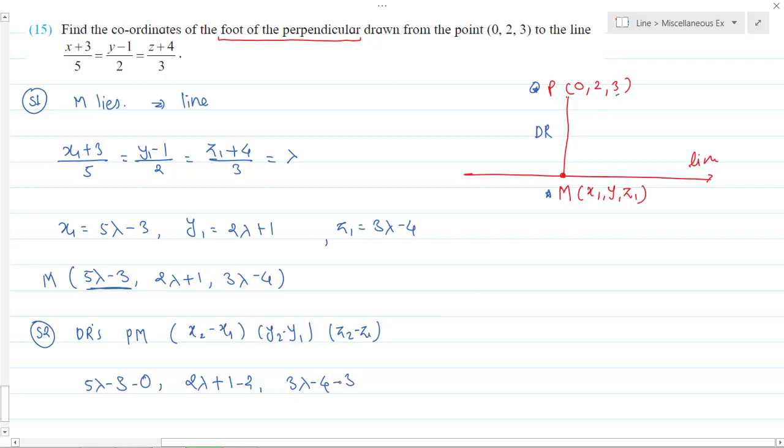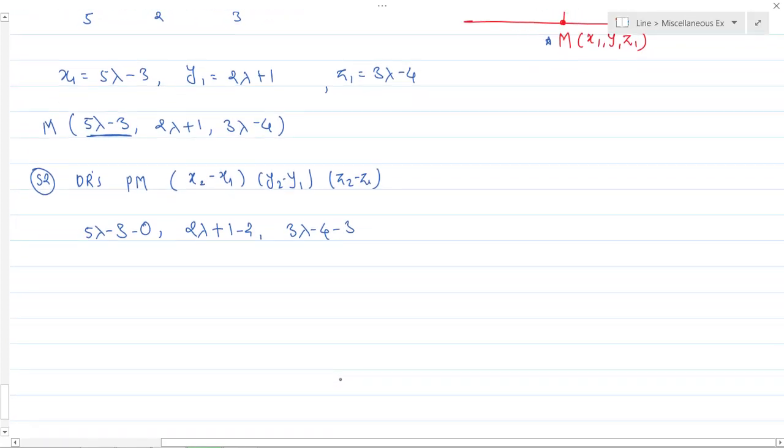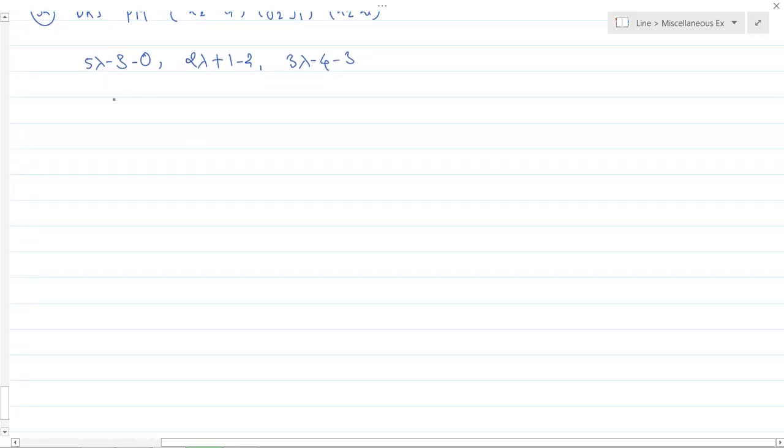This gives me the direction ratios of the segment PM. So it is 5 lambda minus 3, 2 lambda minus 1, 3 lambda minus 7. This is the direction ratio of PM.